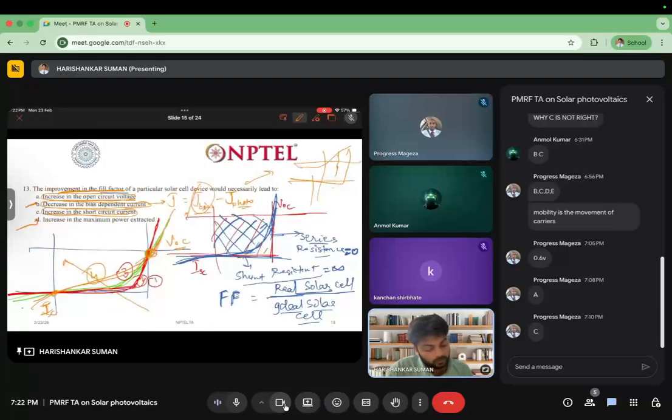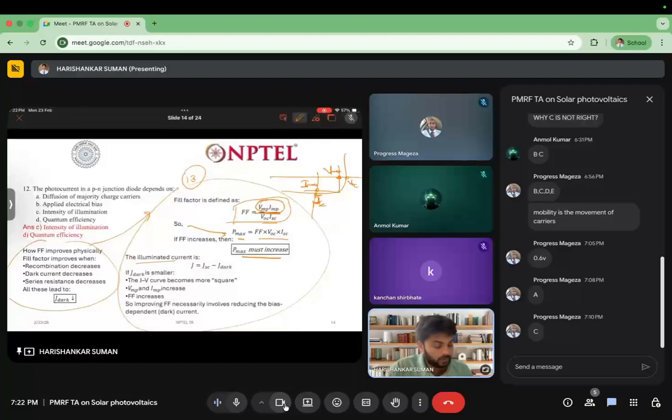So D option is correct. And the illuminated current is JSC minus J dark. If J dark is less, getting closer to 0, it means total current is improved. So the curve becomes more square.